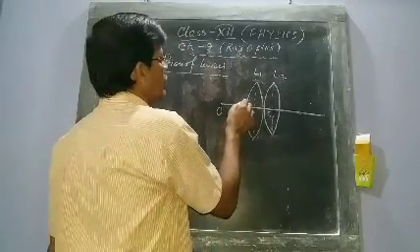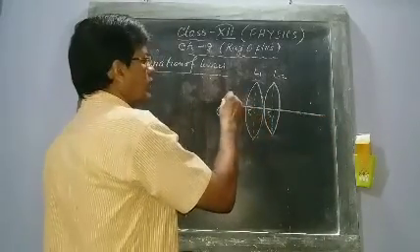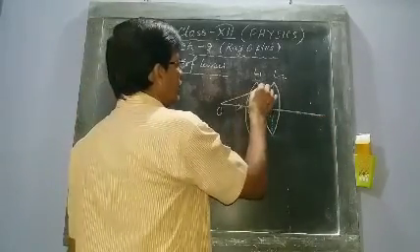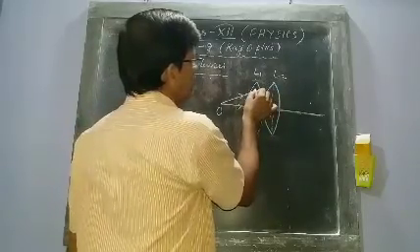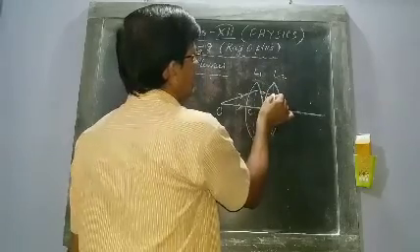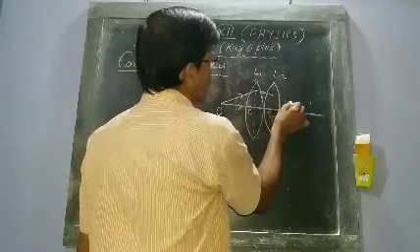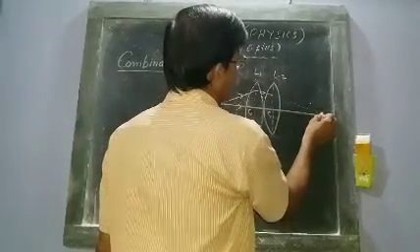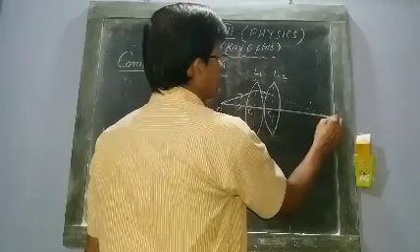So one ray is moving straight and another ray falls on it and then it will move like this, and if this lens is not present, it will move straight and meet at this point. So this is I dash.